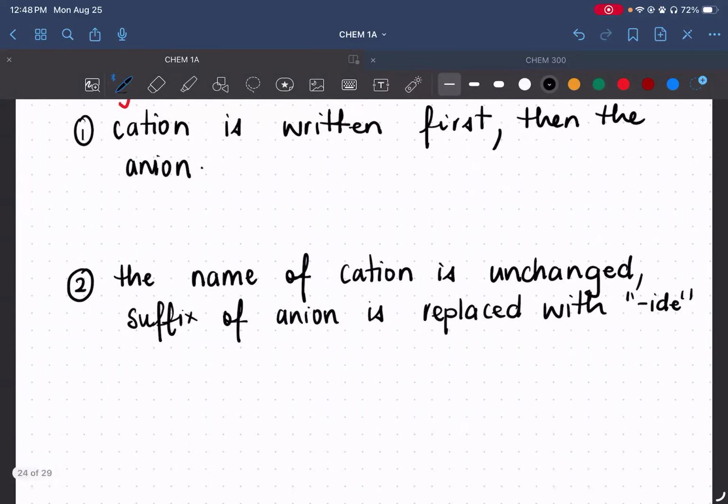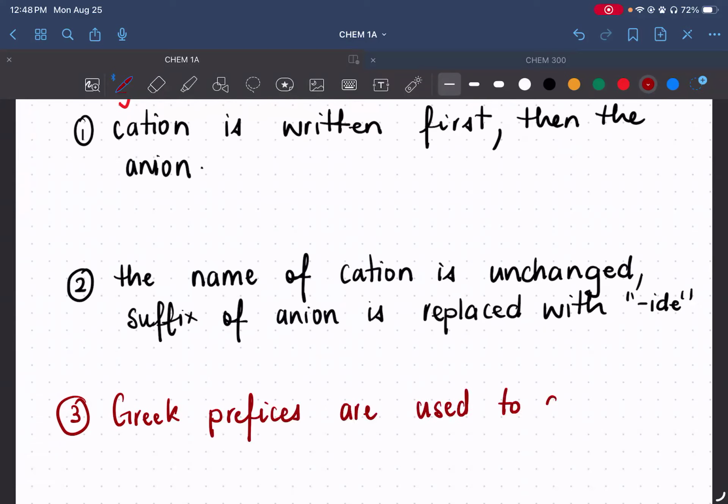And then number three, which is the new adage, Greek prefixes are used to denote number.